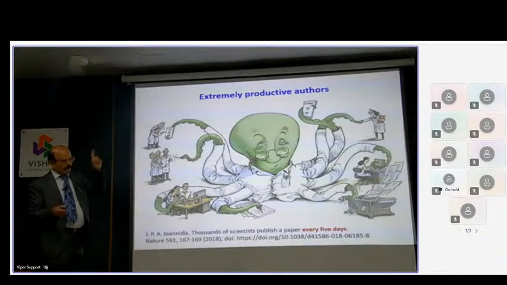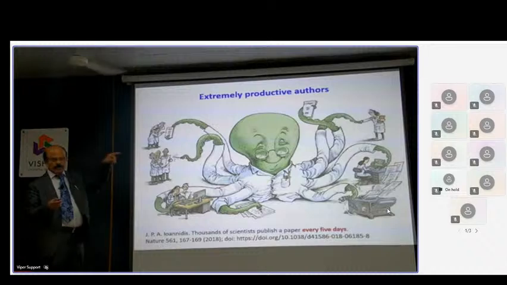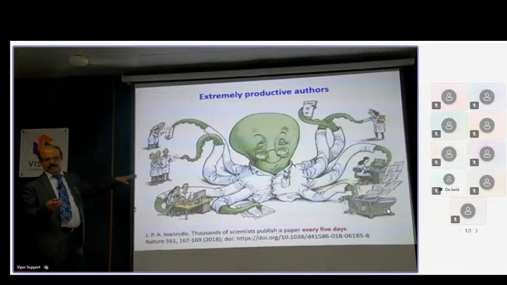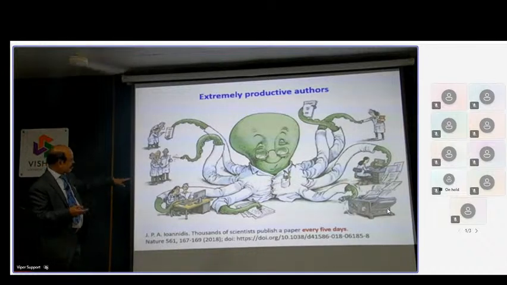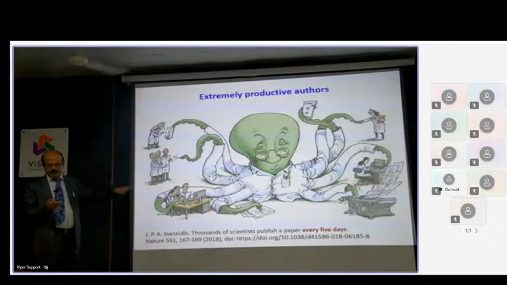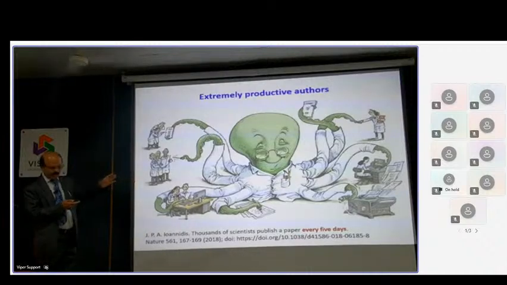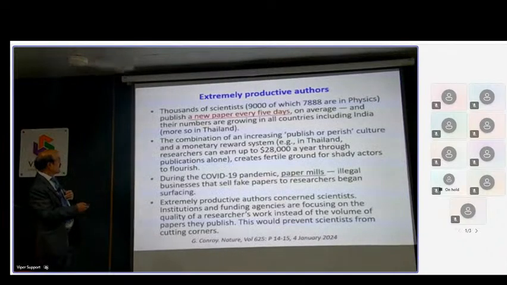The paper mills also come from South Korea, Taiwan, Southeast Asian countries, and Europe, less from the US. These paper mills are so active, like an octopus, writing papers always. I don't think they generate the data; without generating data, they write papers.